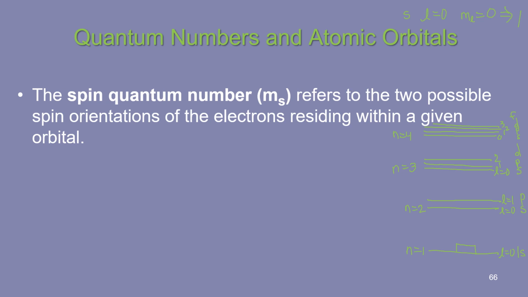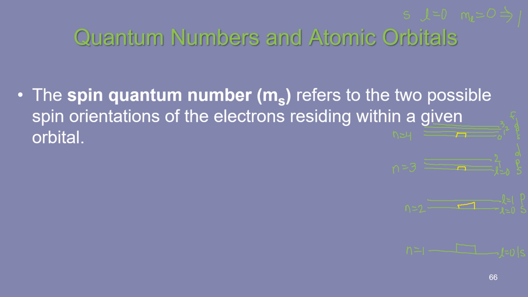Let me try to use another color, so it's a little easier to see. On the S subshell, no matter what level I'm in, because L equals 0 any time I have an S subshell, M sub L can only equal 0, which tells me I only have one orbital on any S subshell.